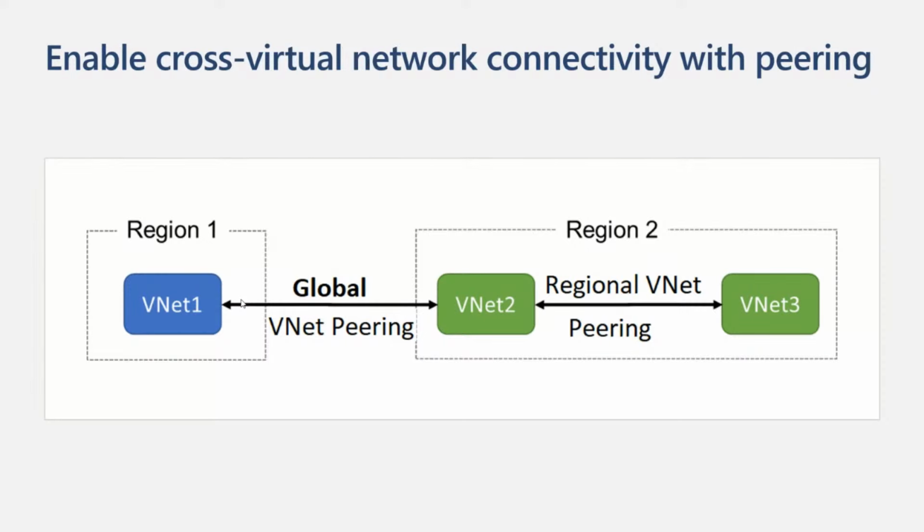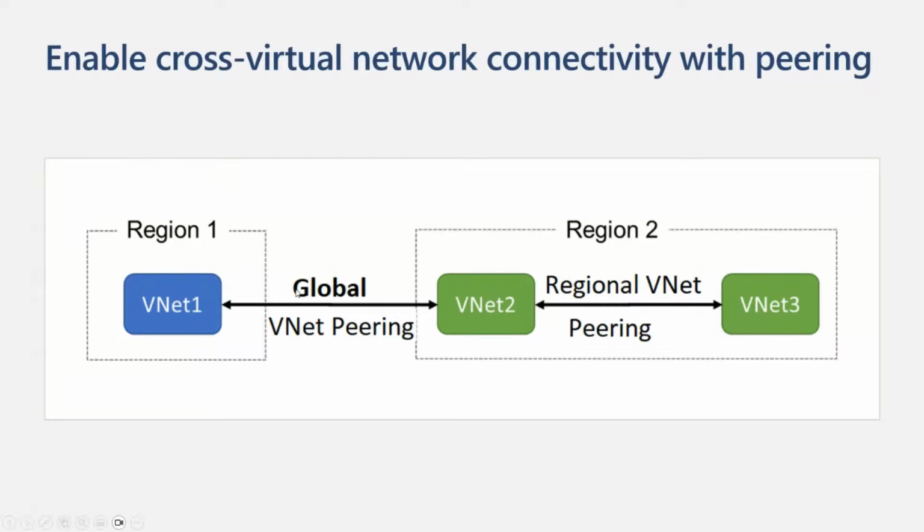Now, while this is going to be bidirectional, when you actually establish that peering connectivity, you only need to do the configuration once. So while it's going both directions, you as the engineer, the administrator, really only need to navigate into either VNet 1 or into VNet 2.